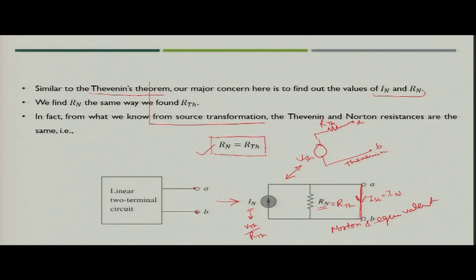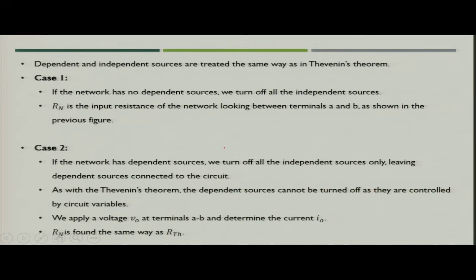We can utilize the same technique which we utilized while discussing Thevenin's theorem to find the value of Norton's resistance. As we discussed in the case of Thevenin's theorem, in this case also you will have two cases to find the value of Norton's resistance.